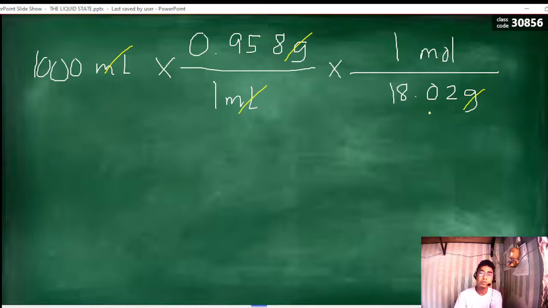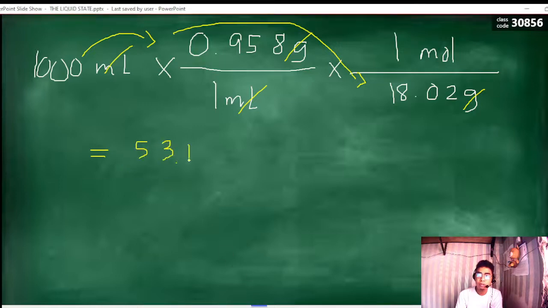Now, using your scientific calculator, multiply 1,000 times 0.958, divided by 18.02, and you will get 53.16 moles of H2O.